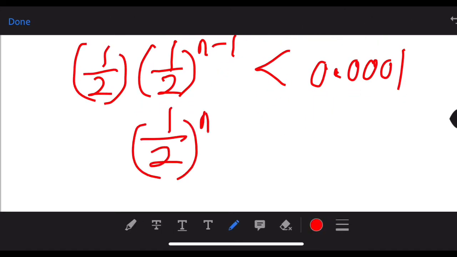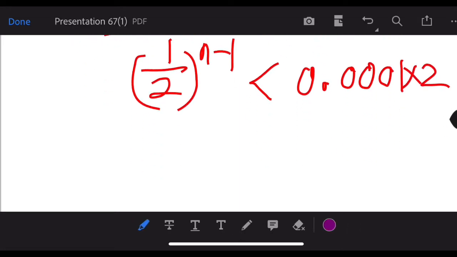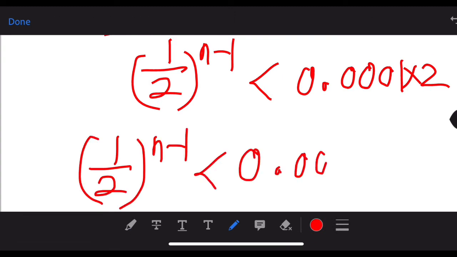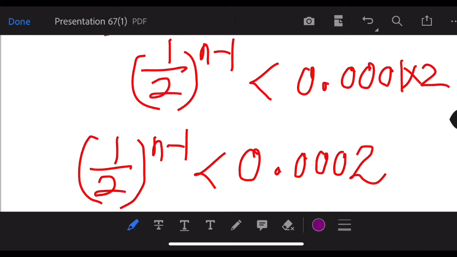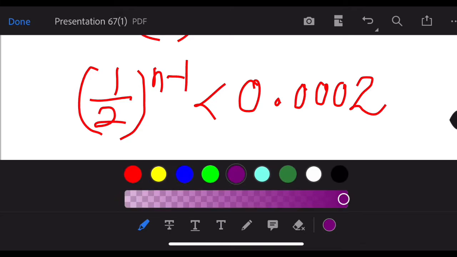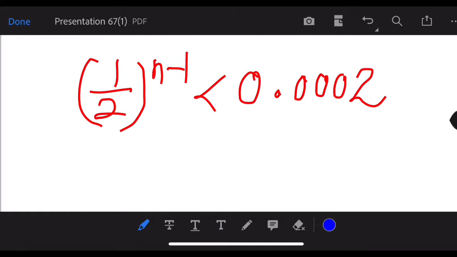So you can say that you times 2 both sides, or you times the 2 to 0.0001 times 2, right? So now the term looks like this, 0.0002. Now you cannot use the index, because the bases are not the same, so you have to take log base 10.